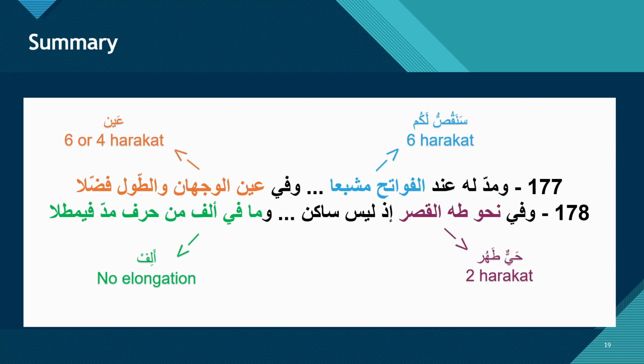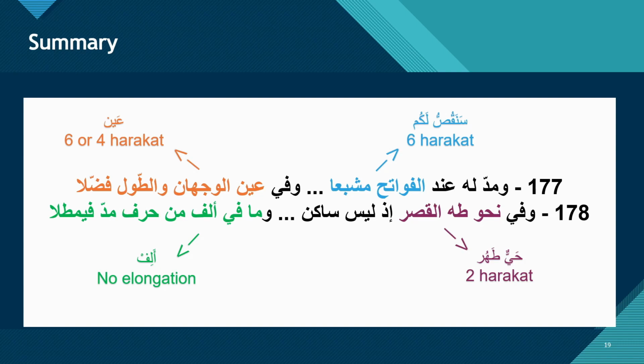What do I mean by this? The main thing we follow is the riwayah, the sanad, how we received it from the Prophet ﷺ. So how we received it from the Prophet ﷺ is that for ayn, some increase it 6 and some 4. So scholars looked at this and gave a reason for it.